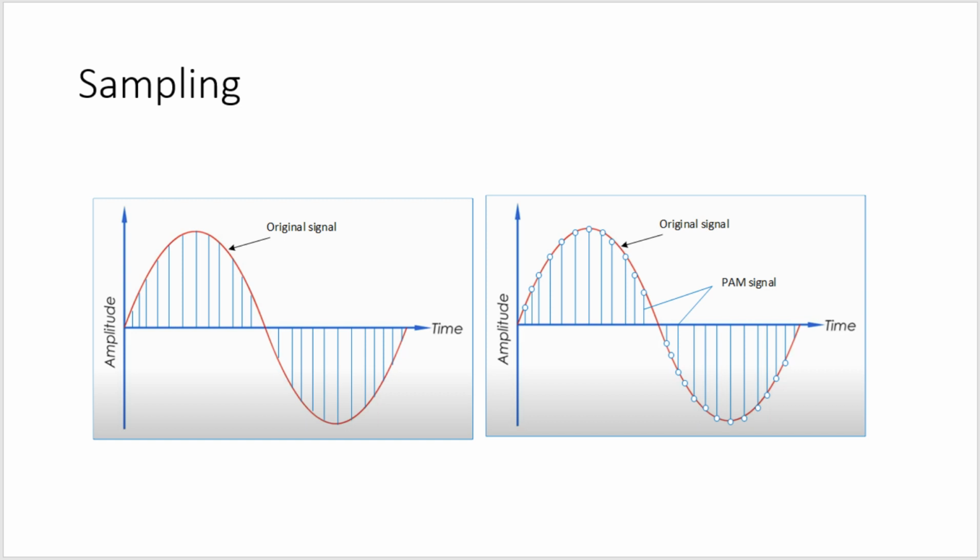And for audio CD and MP3 it is 44 kilohertz, or 44,000 samples per second. And for Blu-ray, the sample rate can be close to 1 megahertz, 1 million samples per second.